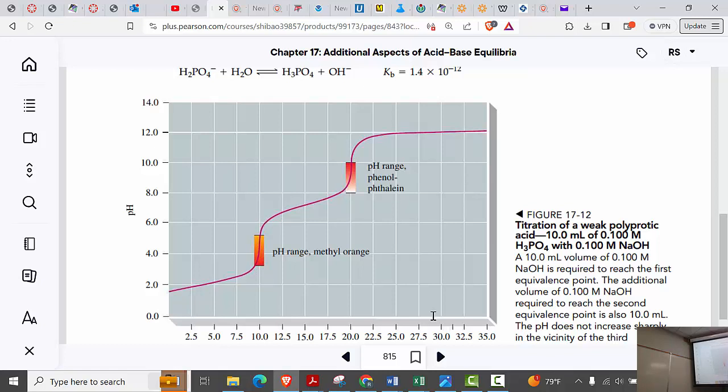The third hump is missing. We don't see the third hump in phosphoric acid. Why? It's so small. And the reason it's so small is because we can't see it unless we have a pH up here.